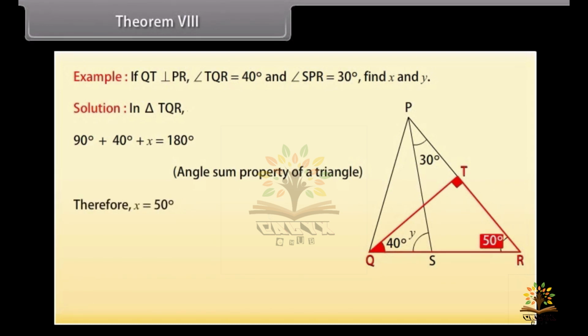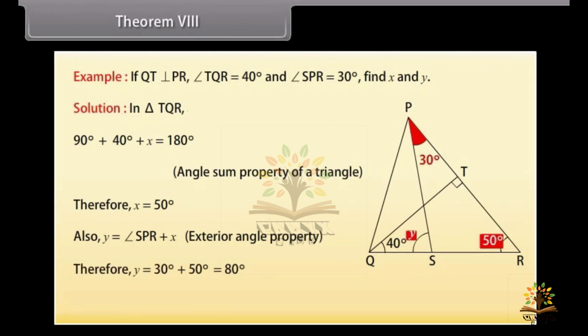Therefore, x is equal to 50 degrees. Also, y is equal to angle SPR plus x because we know that if a side of a triangle is produced, then the exterior angle so formed is equal to the sum of the two interior opposite angles. Therefore, y is equal to 30 degrees plus 50 degrees, which is 80 degrees.